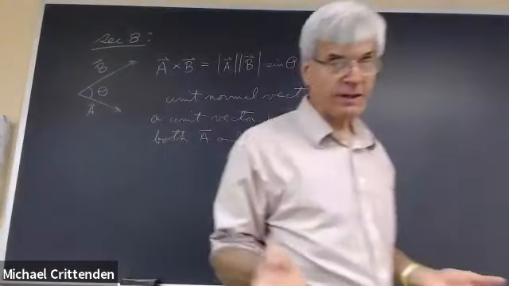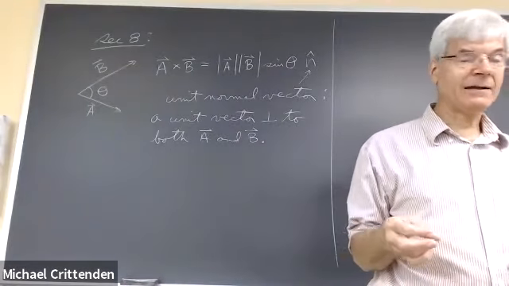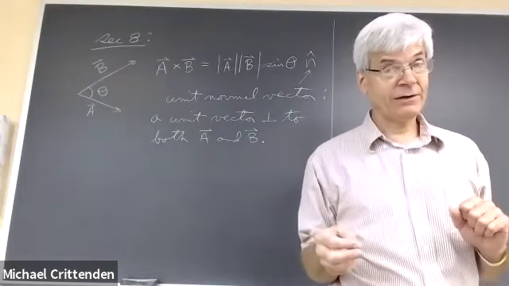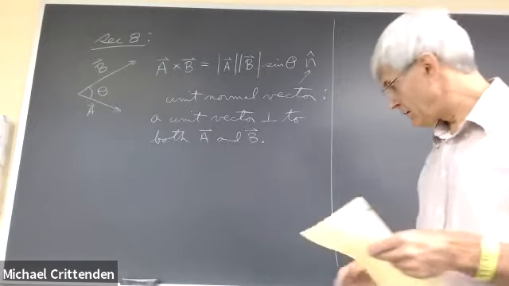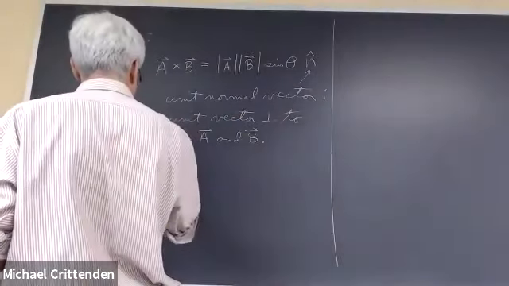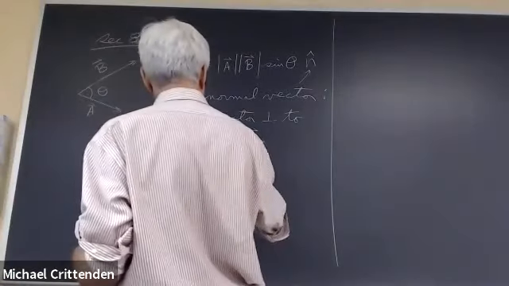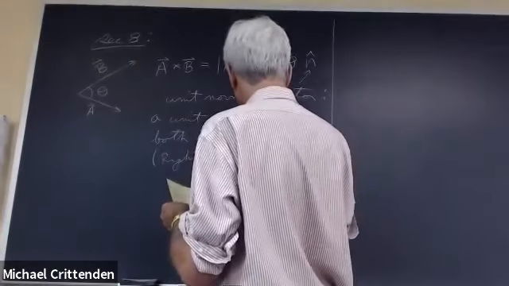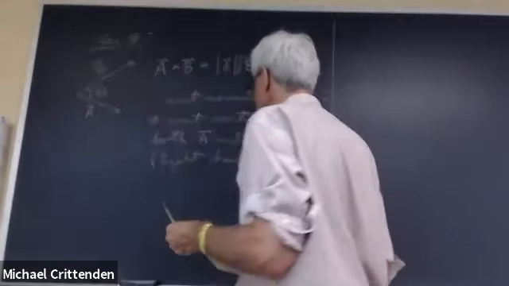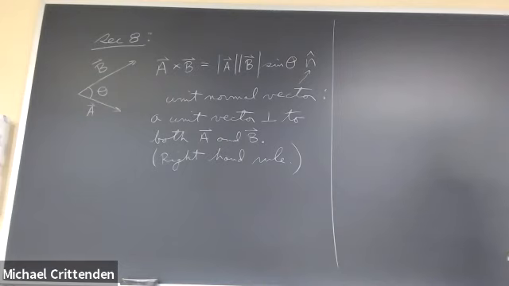To choose between these two alternatives, and there's a little sketch drawn on the handout, and also, maybe more importantly, on the formula sheet, there's this thing called the right-hand rule. The right-hand rule is used to choose between those two alternatives.